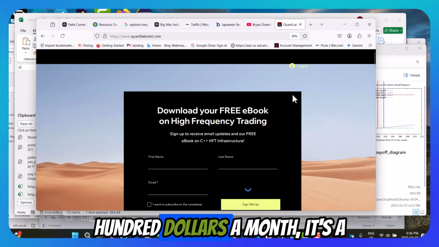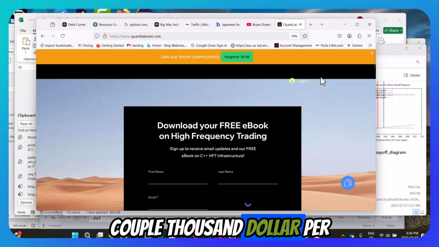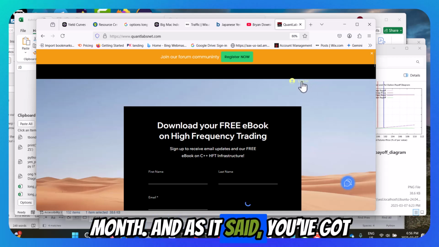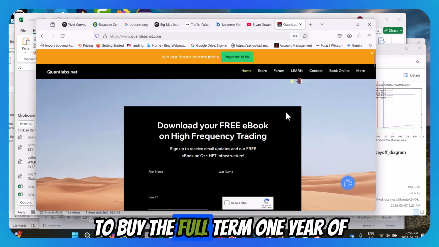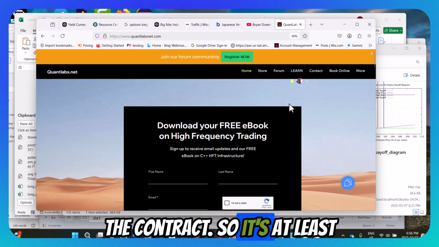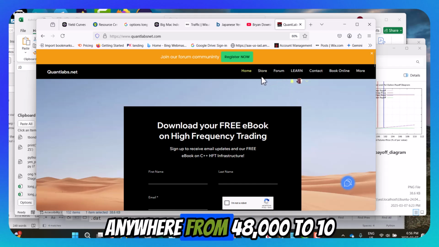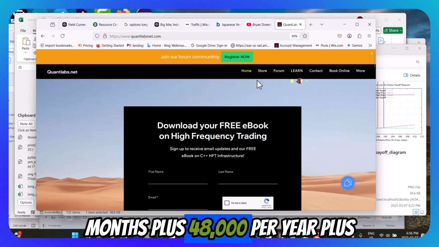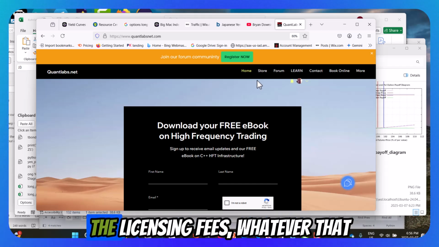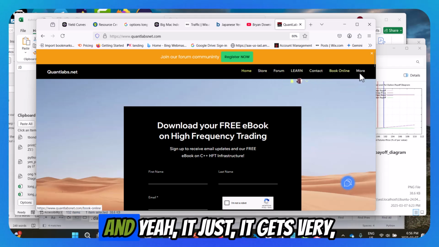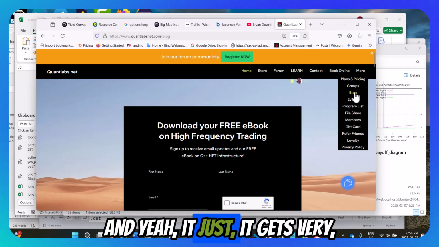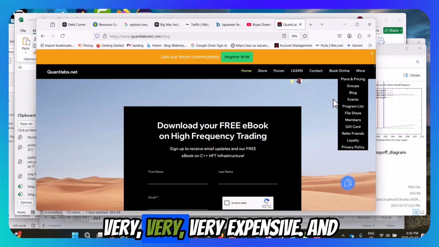It's not like a couple hundred dollars a month, it's a couple thousand dollars per month. And as I said, you have to buy the full one-year term of the contract. So it's at least 48,000 per year plus the licensing fees, whatever that ends up being. And yeah, it gets very, very expensive.